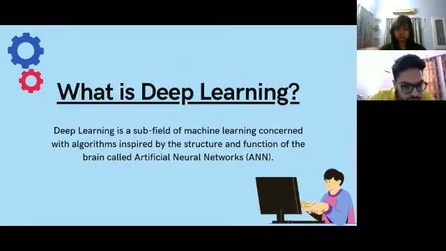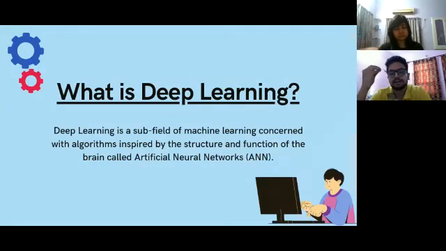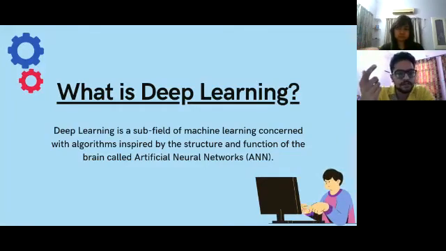However, for those who aren't familiar, I'll just give a really brief intro to what that actually is. So machine learning is just an application of AI that provides a system the ability to learn from data. Now there are various types of machine learning: there's unsupervised learning, semi-supervised learning, supervised learning, reinforcement learning, and so on and so forth.